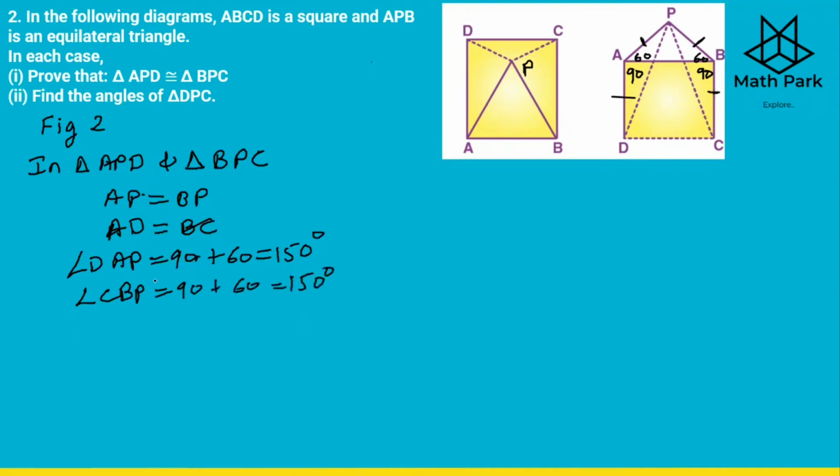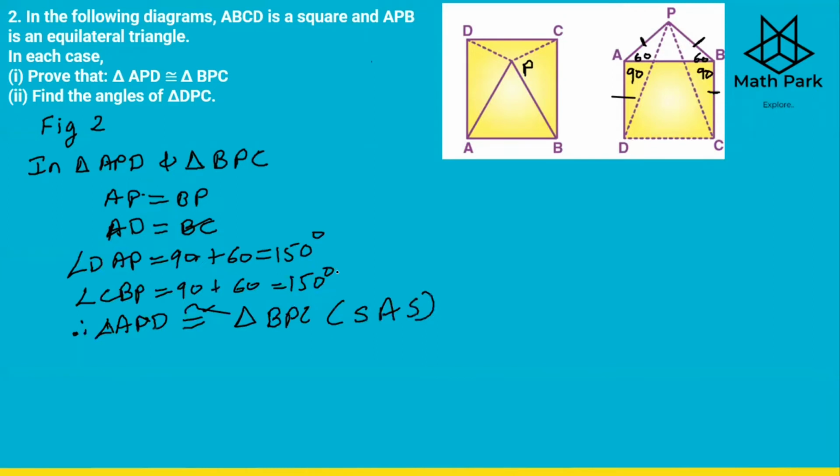So this is how you got these two angles equal. So you have two sides and the included angle. Therefore, triangle APD is congruent to triangle BPC by SAS. Got it?